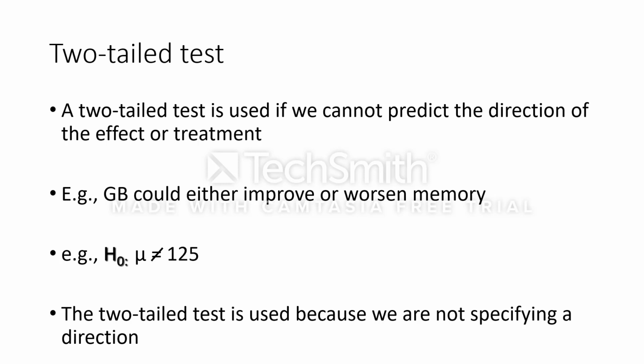Well, then we're in a little bit more of a difficult situation. The direction of our effect is not quite so obvious. So we would choose a two-tailed test because we're not able to specify a direction. So our alternative hypotheses might be that it could improve memory, but we might need to include another hypothesis as an alternative that it decreases memory performance as well.